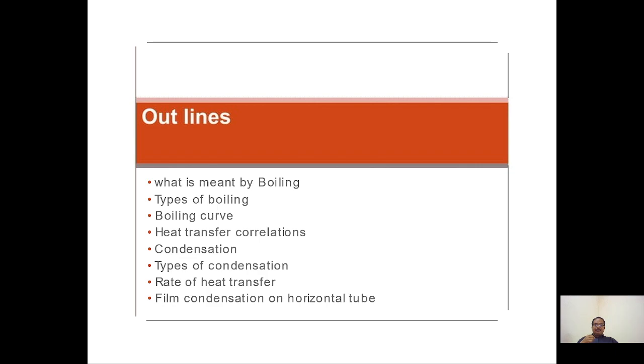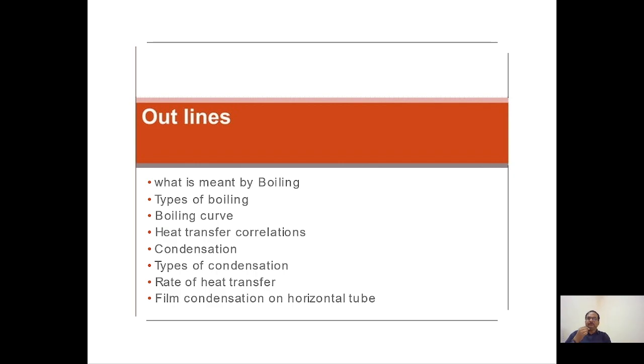Chemical processing industries also use boilers and condensers. You know boilers, you know condensers. A boiler is where water gets converted into vapor, and a condenser is where vapor gets converted into liquid.